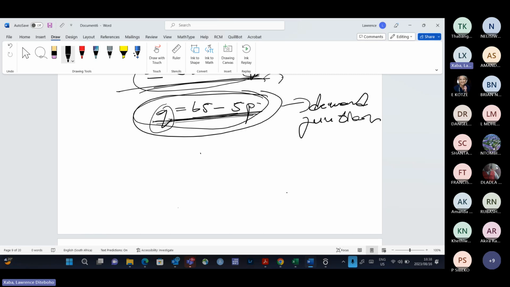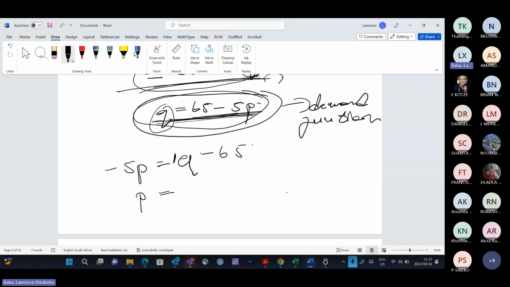Now we deal with the demand function, Q equals 65 minus 5P. If we take 65 to the left-hand side, we end up with negative 5P equals Q minus 65. To get P, we divide by negative 5, which is the same as multiplying by negative 1 over 5.